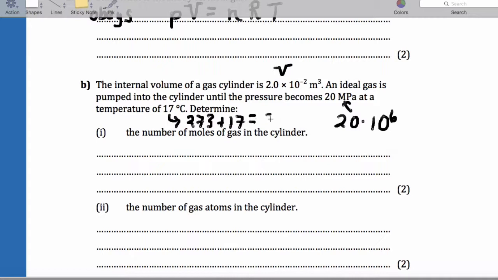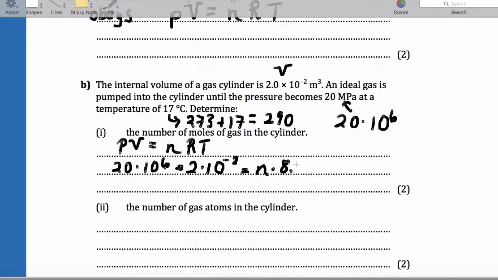So that's 290. Let's get the number of moles. So PV equals nRT. 20 times 10 to the 6th, that's what the mega means, equals n times V, which is 2 times 10 to the negative 2.